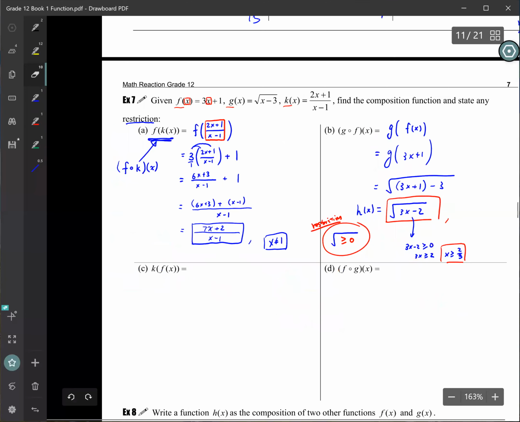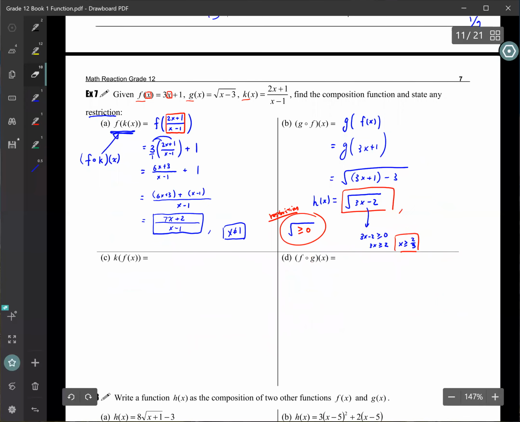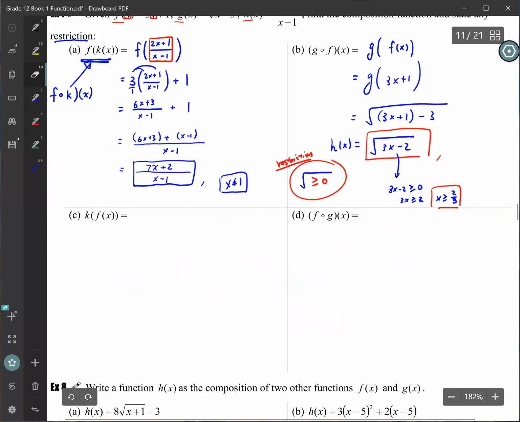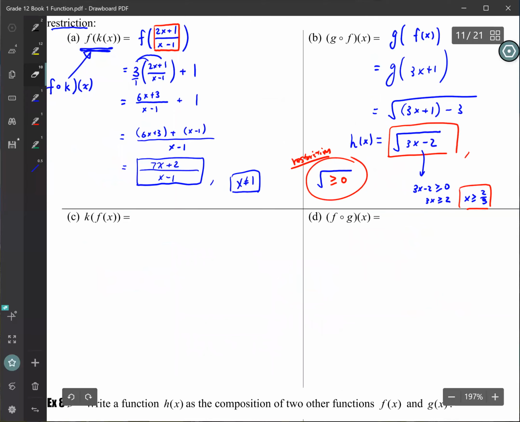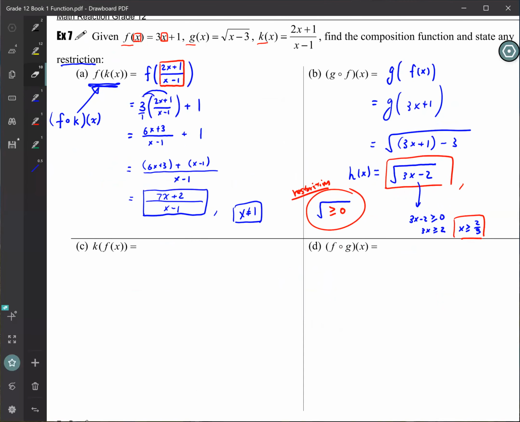All right, so we have two more. So I'll let you complete both of them on your own. Okay, and when you finish, please raise your hand, then we'll go over those two. All right. So this time, remember to have restrictions.